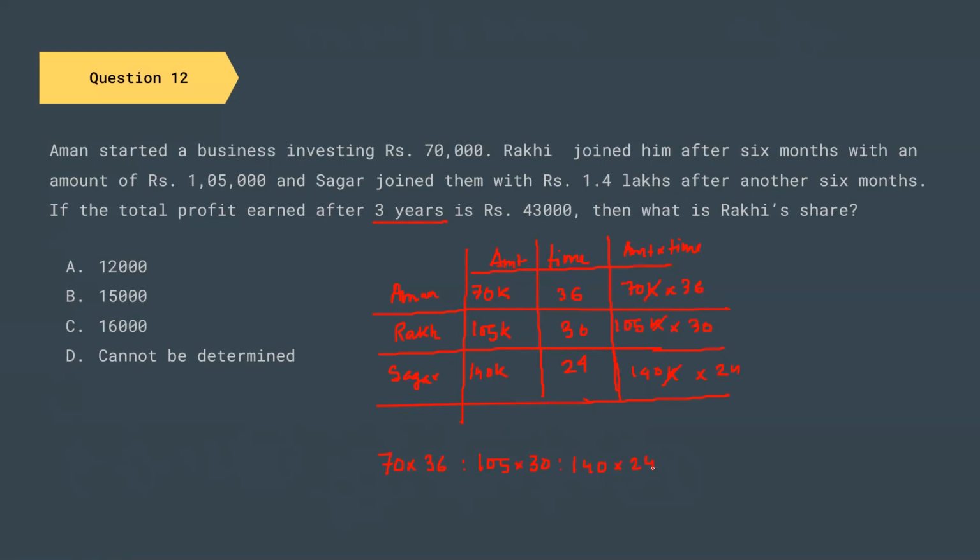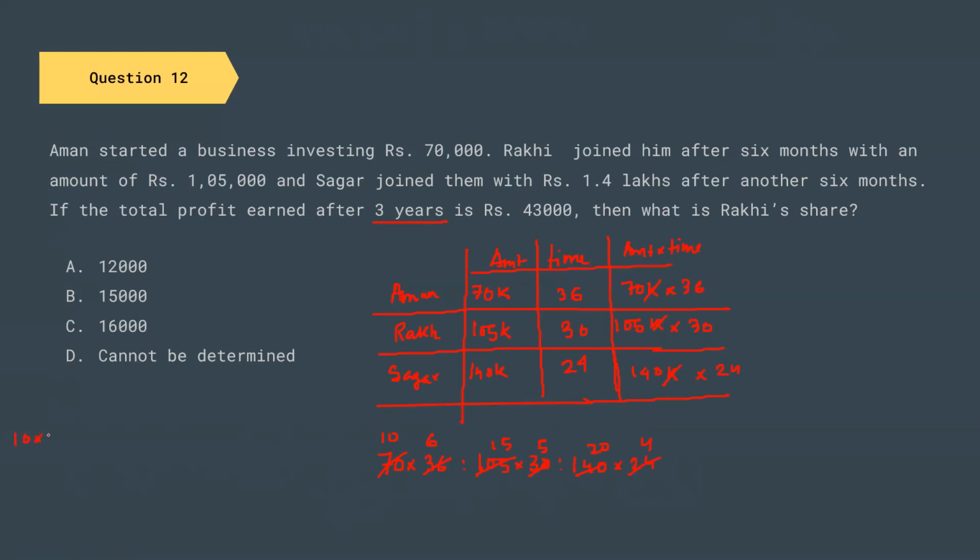into 24. When we divide these numbers by 7, this will be 10, this will be 15, and this will be 20. This will be 6, this will be 5, and this will be 4. So what do we have?